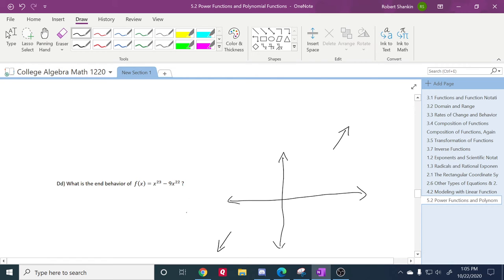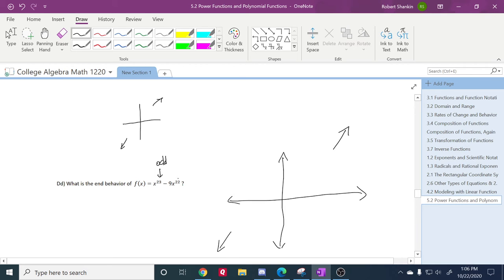Okay. All right. So there's two different tendencies going on here. This exponent is odd, and it has a positive leading coefficient. So its end behavior is going to tend to be, with any odd one with a positive leading coefficient, towards this.